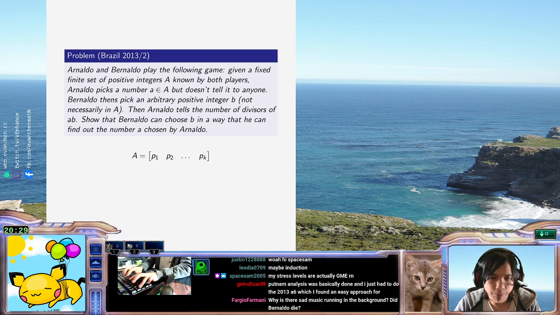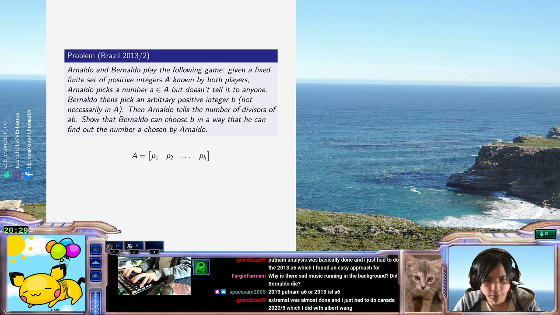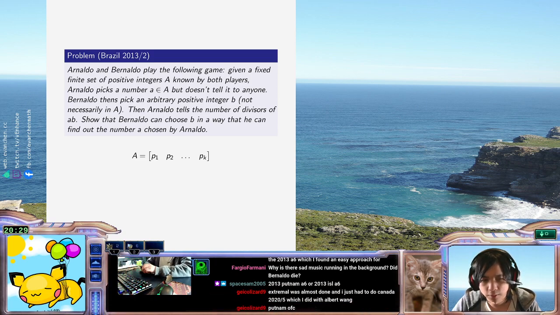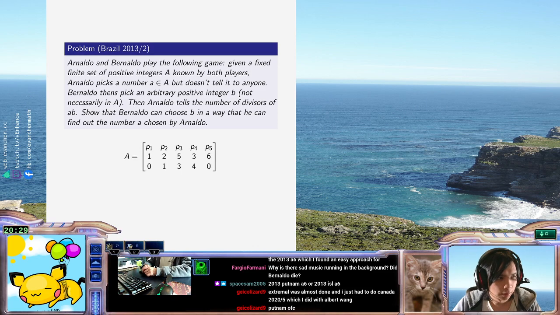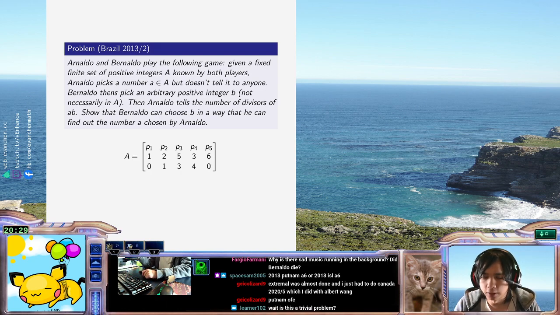Let me just draw 5 primes for concreteness. 0, 1, 4, 0, or something like this. So you have this thing, and I want to pick a little b such that the number of factors lets me tell the numbers apart.